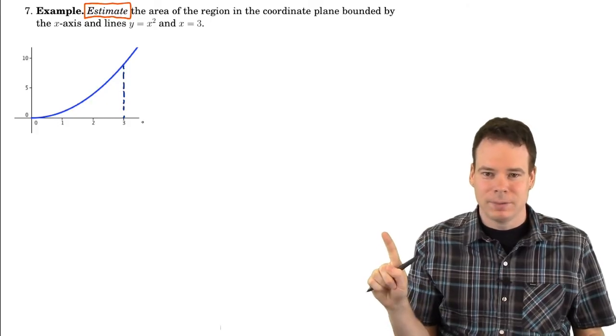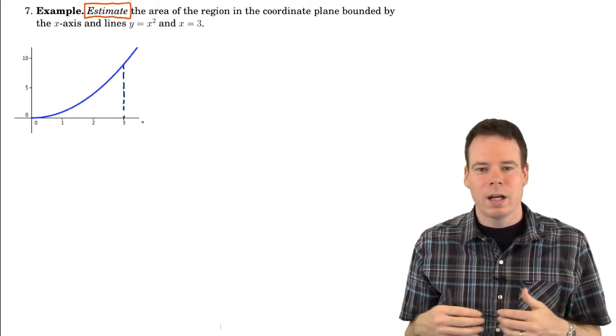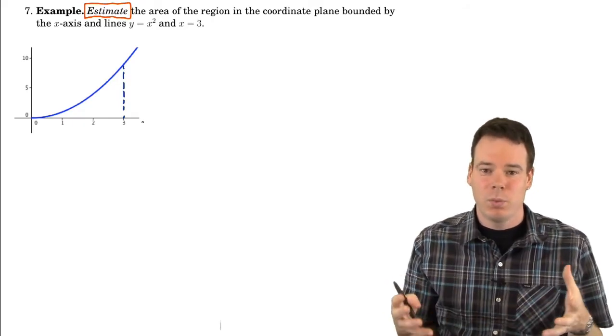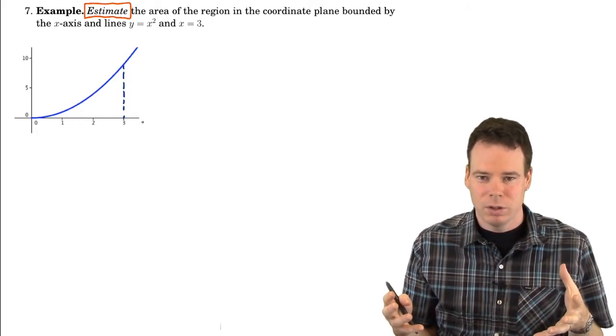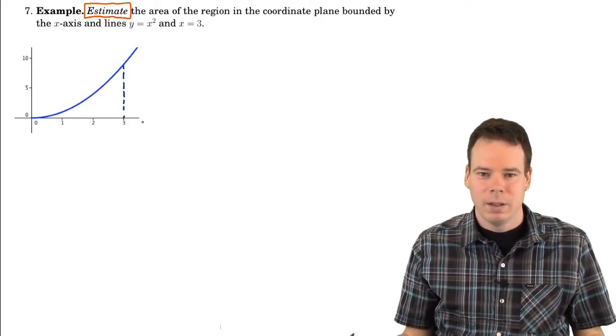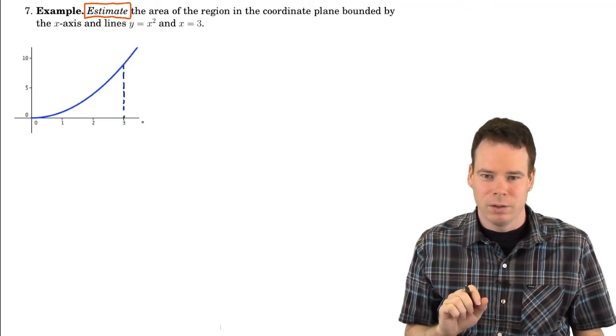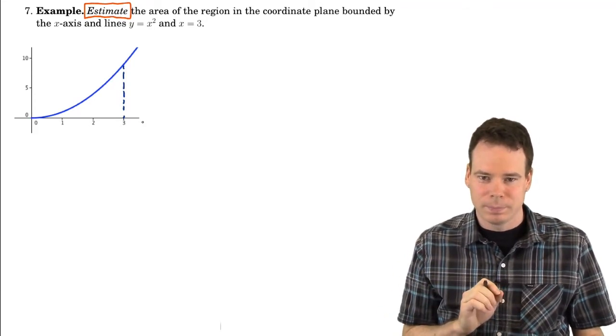That's it. We're playing naive here, but that's the only thing we know. And we're going to try to come up with a way to define what area is for more complicated regions and also come up with a technique for calculating the area. And again, let me reiterate, we're only using the area of the rectangle as our starting point.